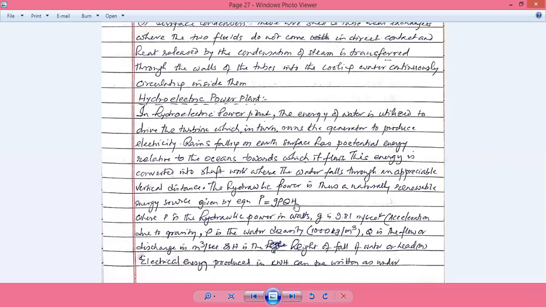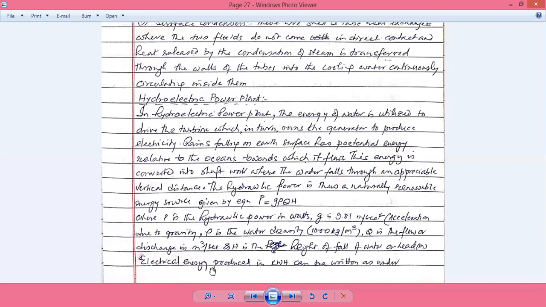Thus, we are converting the potential energy into useful work using this equation.